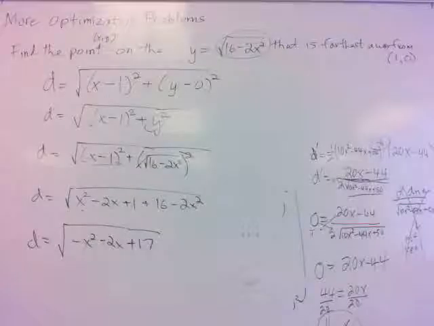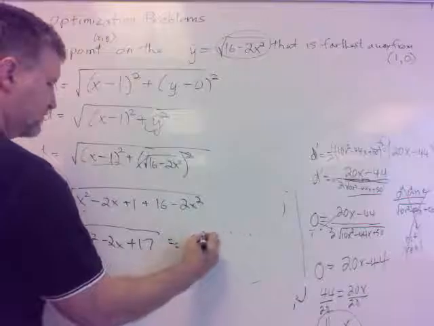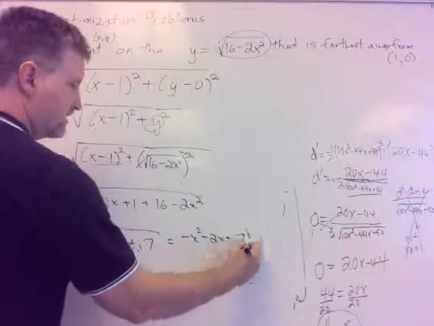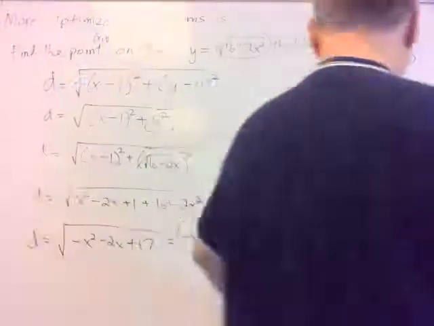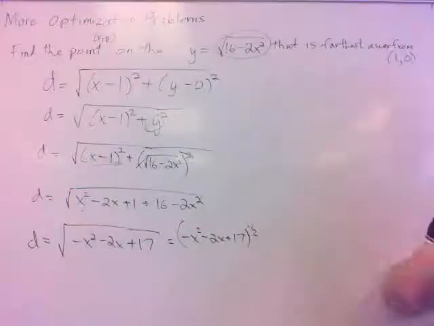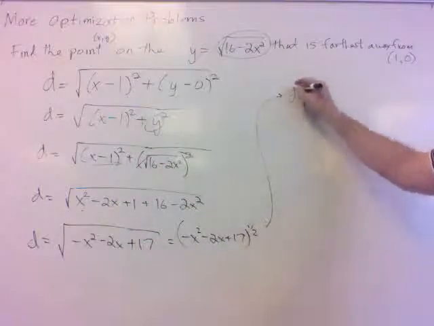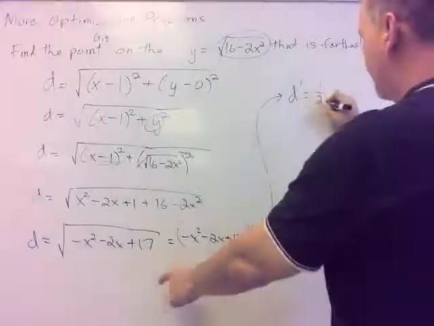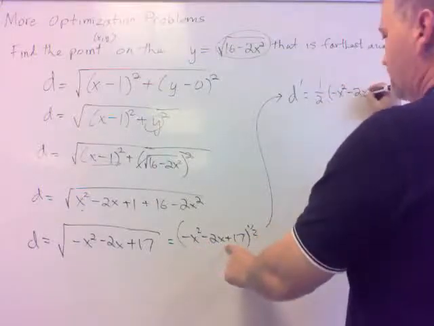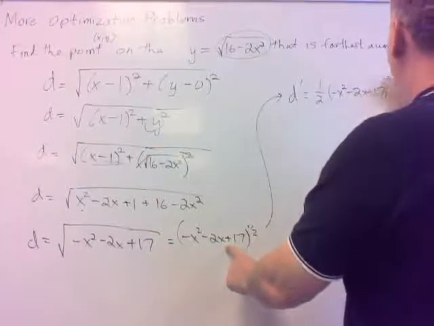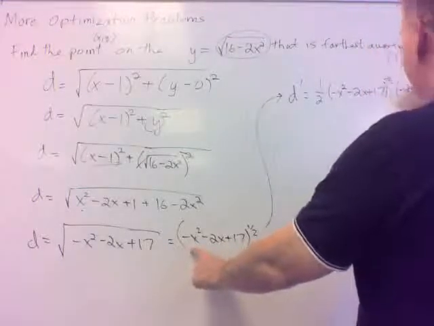With me? Or, for purposes of the derivative, minus x squared minus 2x plus 17 to the 1/2 power. I want to maximize it, so that's at the critical number, so I need to do the derivative. The derivative would be 1/2 times, chain rule, minus x squared minus 2x plus 17 to the minus 1/2, times derivative of the inside, which is minus 2x minus 2.